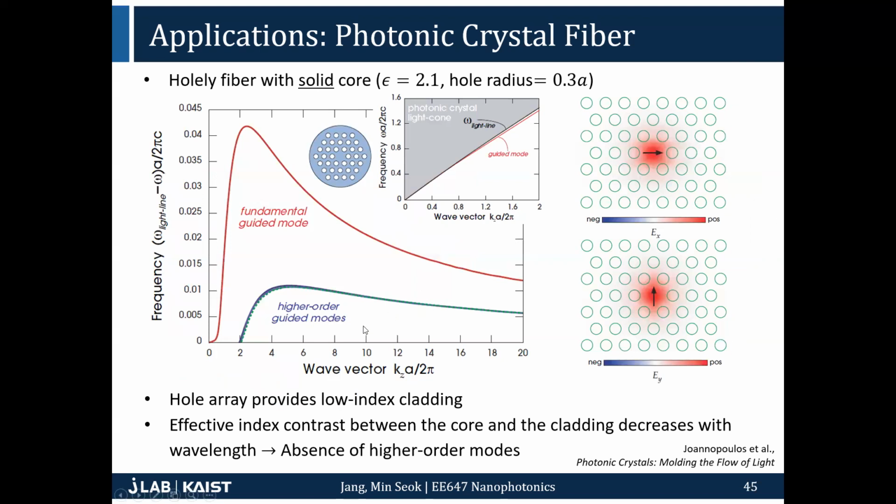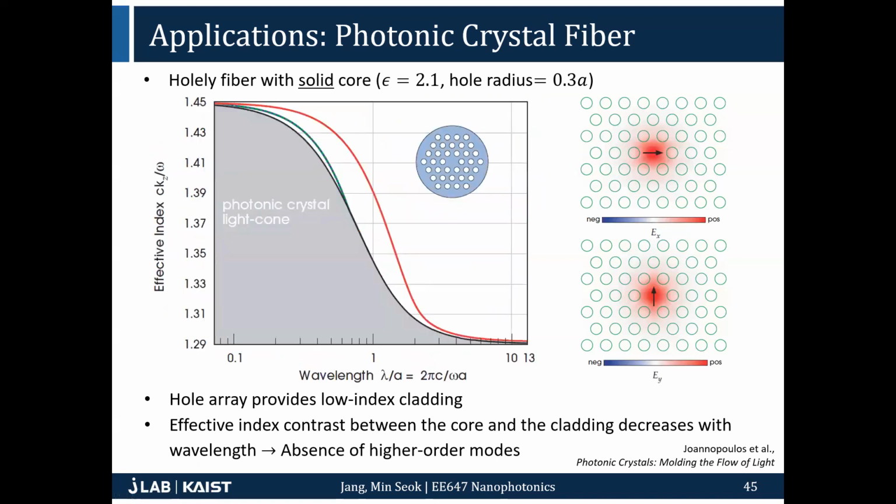Right. And finally, what I'd like to show you is the solid core holey fiber. And in this case, we are not using the band gap of this fiber, but we just use a bunch of holes in order to change the effective index.